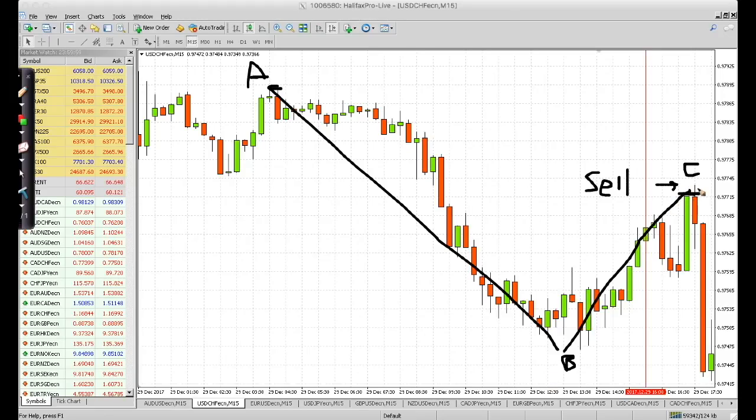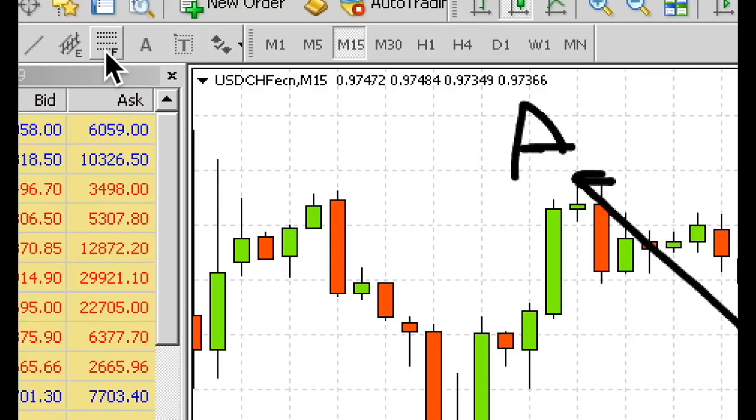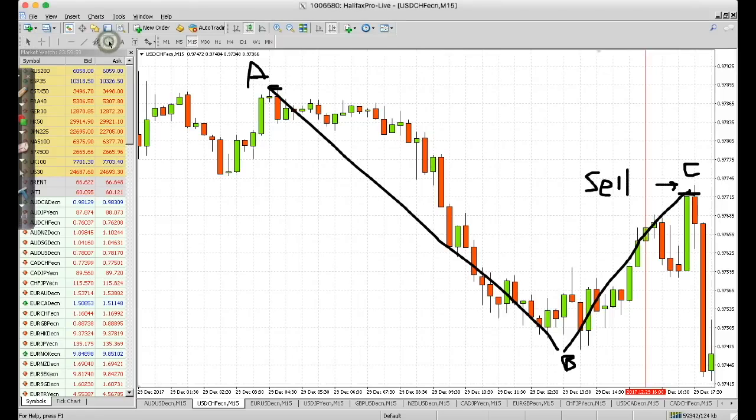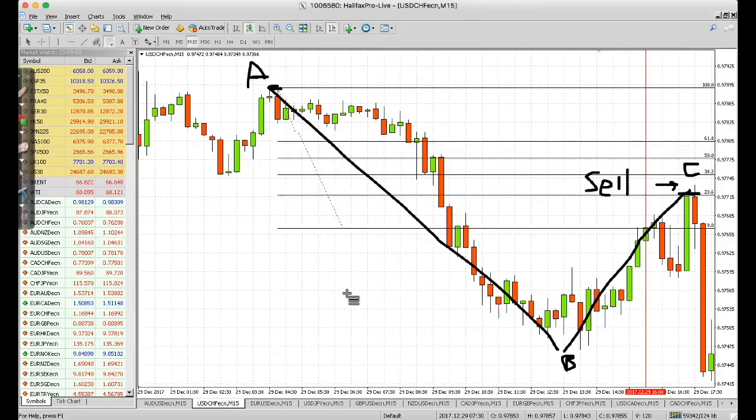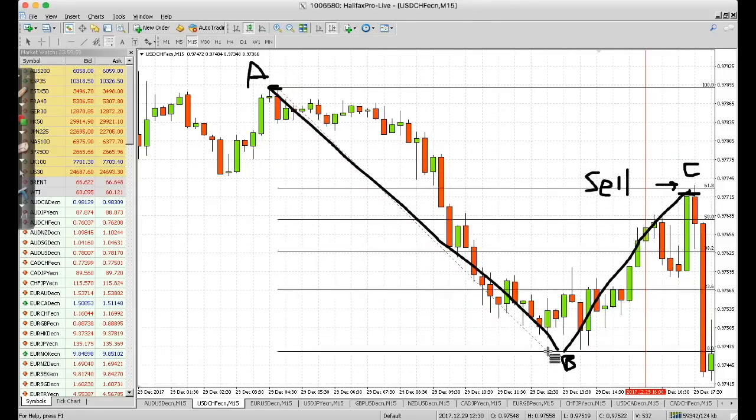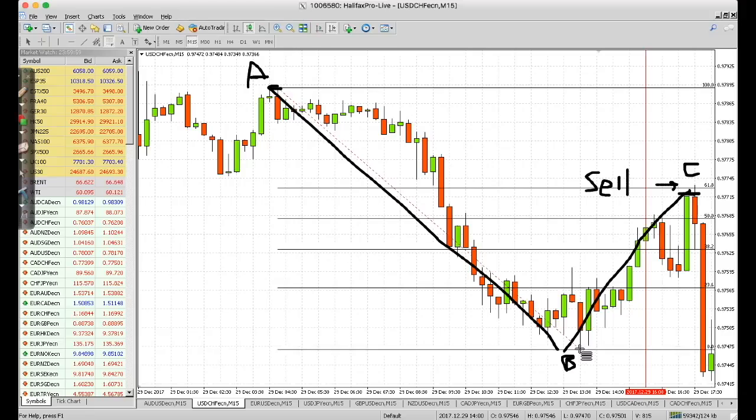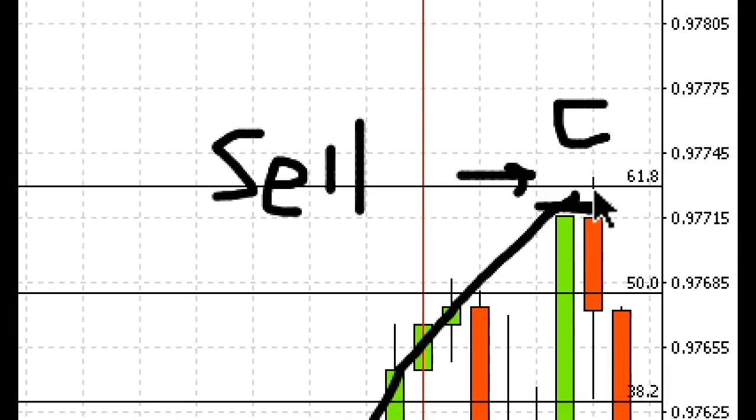Okay, so to do that, we use our Fibonacci tool to see, is this a Fibonacci level? Click on Fibonacci here, click on this tool, and we click on A, we drag to B, release, and lo and behold, can you see that this is exactly at the 61.8% level?